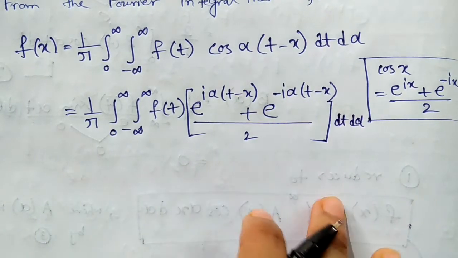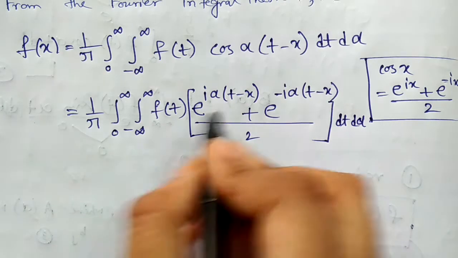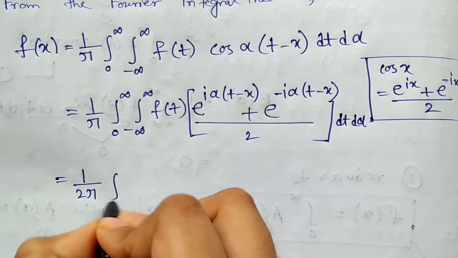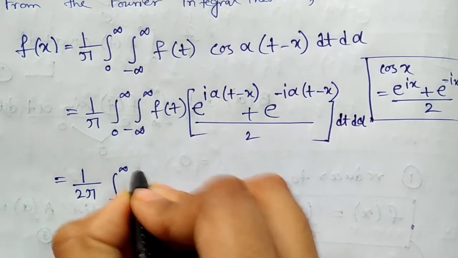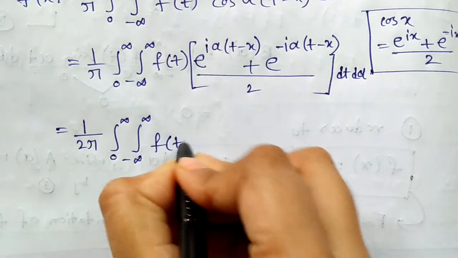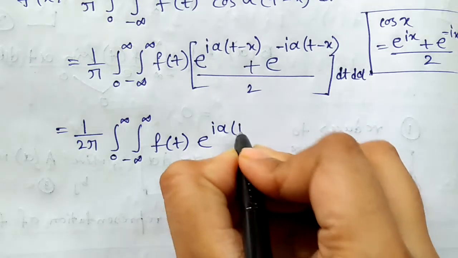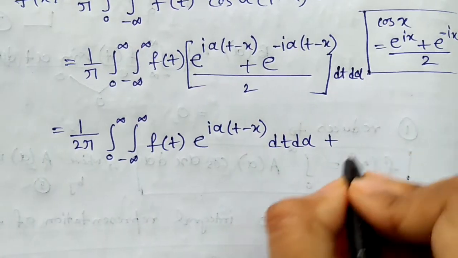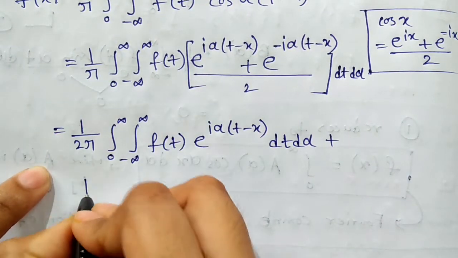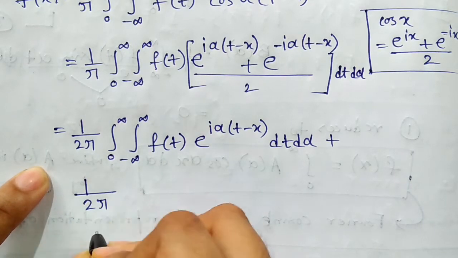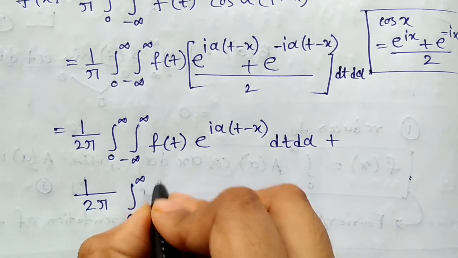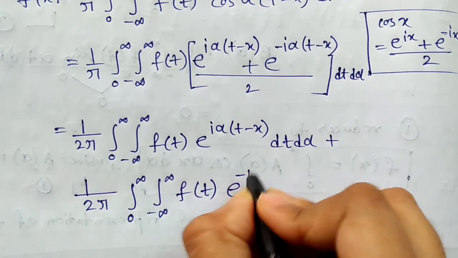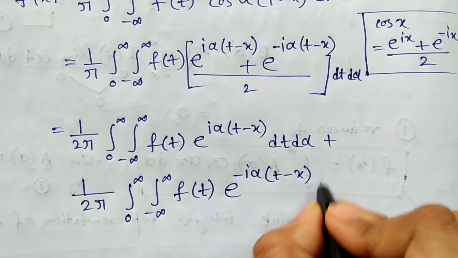Now we just have to split this into two terms: 1 by 2 pi, integration 0 to infinity, integration minus infinity to infinity, f(t) e to the power i alpha(t minus x) dt d alpha, plus, in the next line, 1 by 2 pi, integration 0 to infinity, integration minus infinity to infinity, f(t) e to the power minus i alpha(t minus x) dt d alpha.